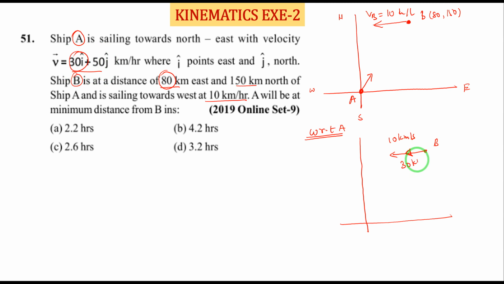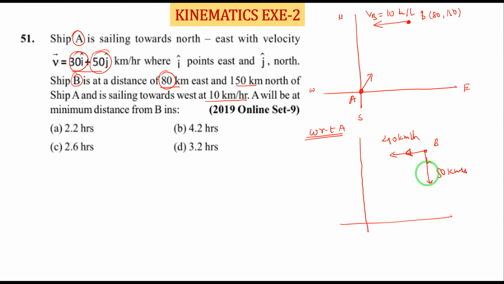It will become 30 km per hour. Then the A also has y-axis velocity of 50. So we have to give it downside and it is 50 km per hour. So the sum total on x-axis is 40 now. Okay.